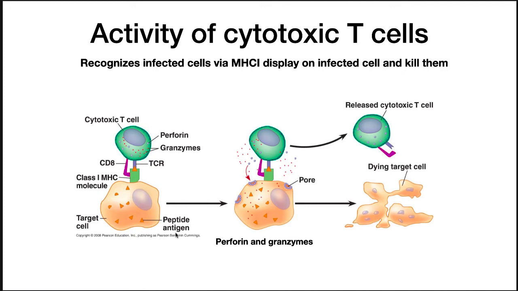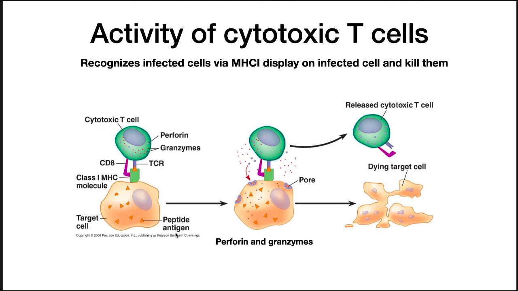First, the TC cells have FAS and tumor necrosis factor ligands on their surfaces that bind to FAS and TNF receptors on the surface of the target cell. This precipitates a signaling pathway that leads to apoptosis or cell death. So it turns on switches on the cells that cause them to go through apoptosis, cell death.